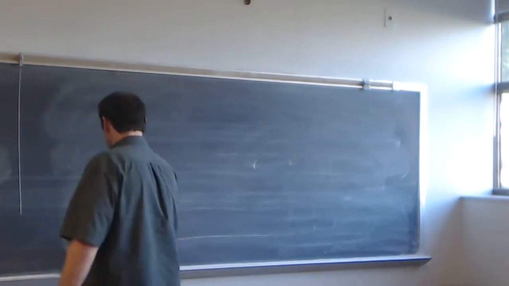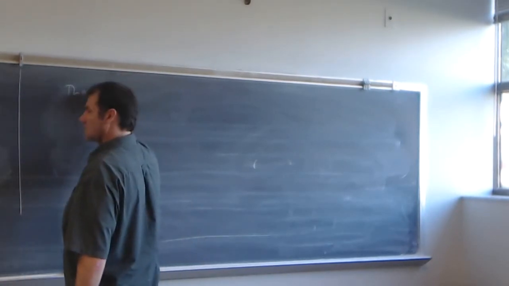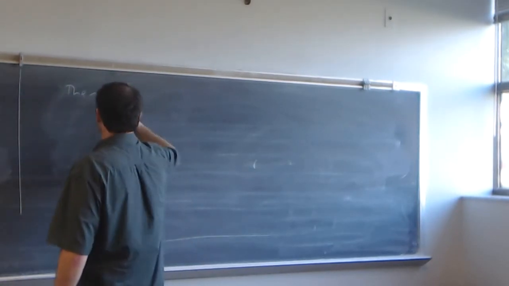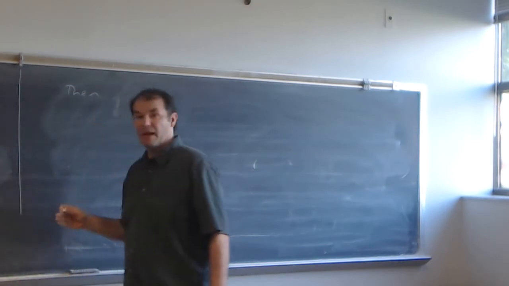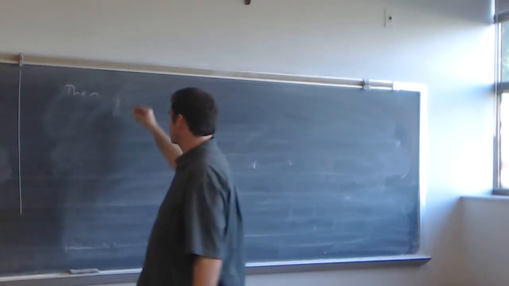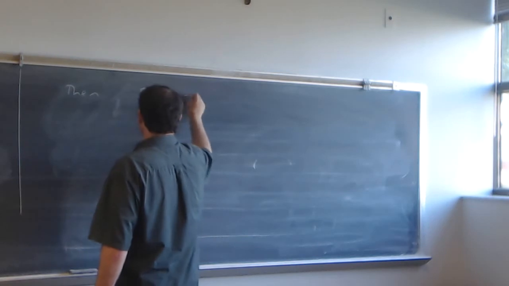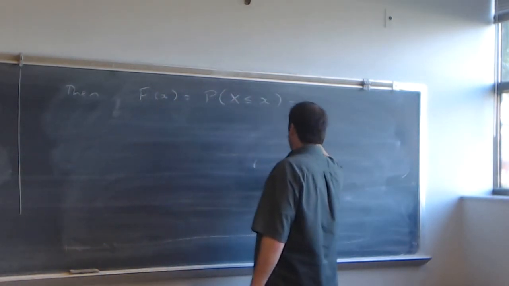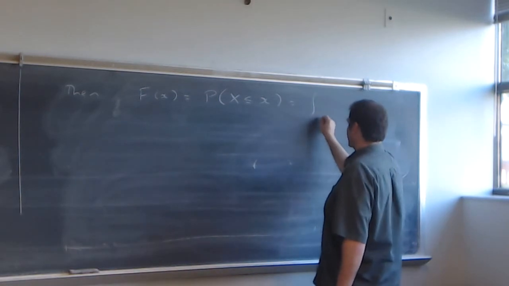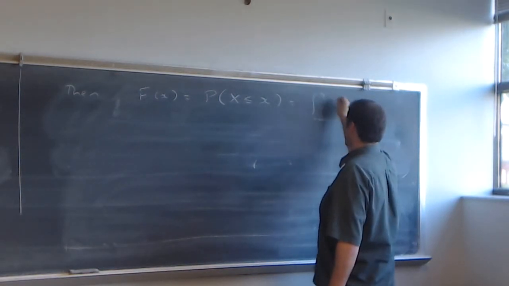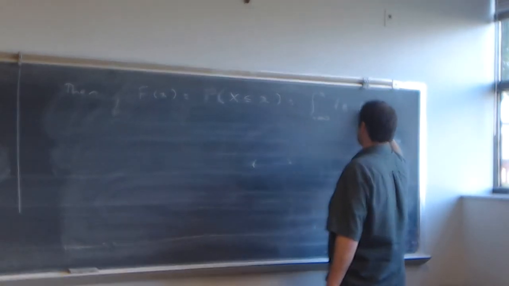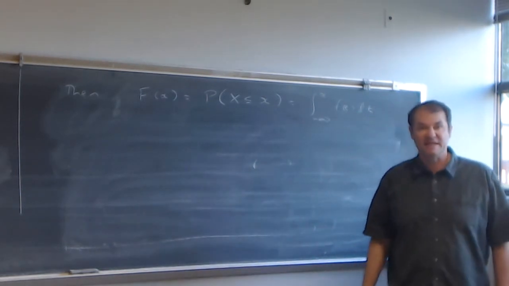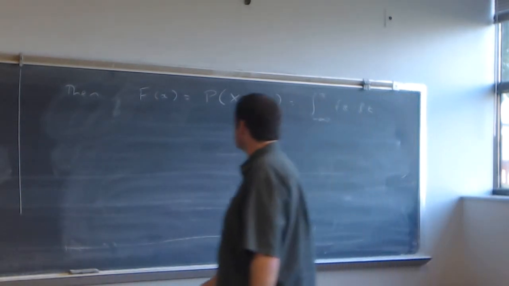Then let's remember what the definition of the CDF is. So, big F of x is equal to the probability that big X is less than or equal to x, which is equal to the integral from minus infinity to x of f of t dt, where little f of t is the PDF of x.